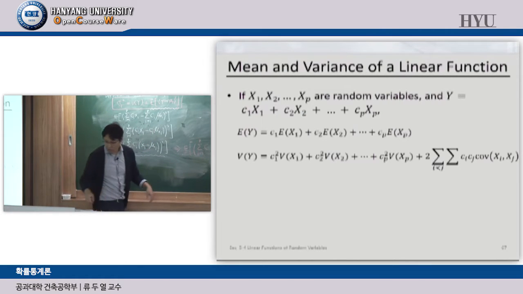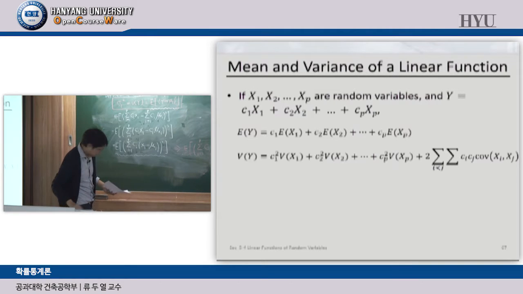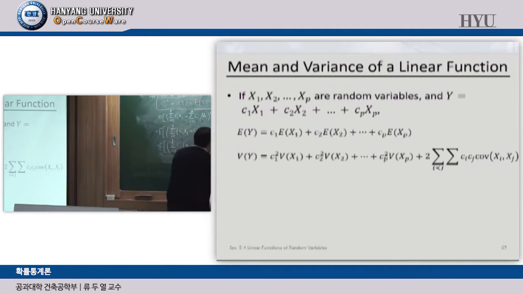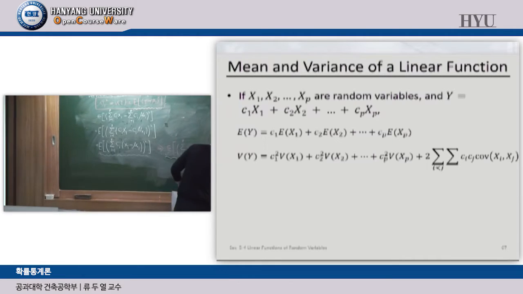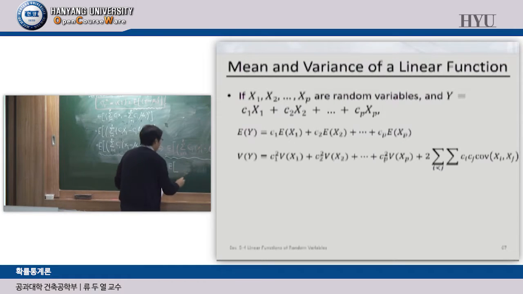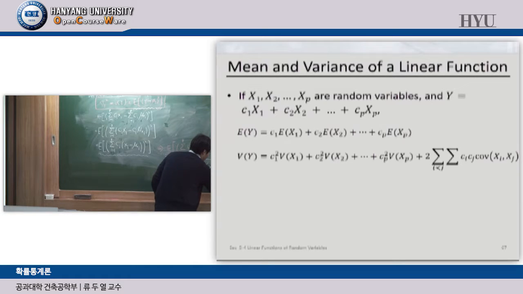Okay? So, for this case, we can rewrite this equation as the E of the summation of i from 1 to p, and the summation of j from 1 to p, c_i by c_j by (X_i minus mu_Xi) by (X_j minus mu_Xj).